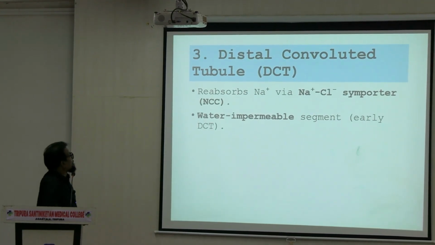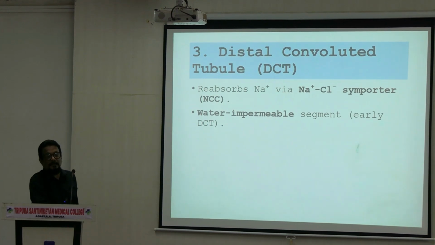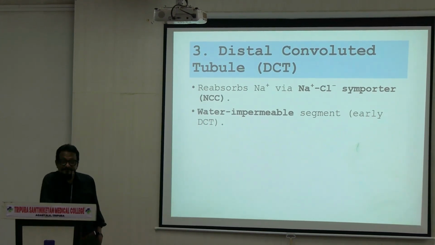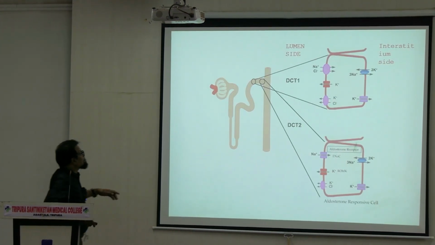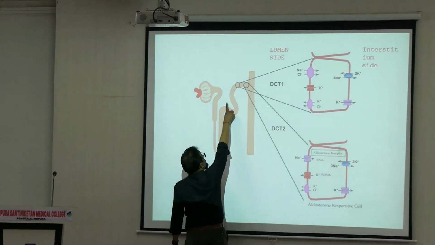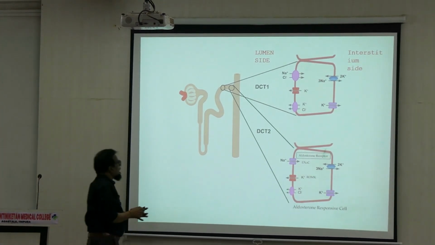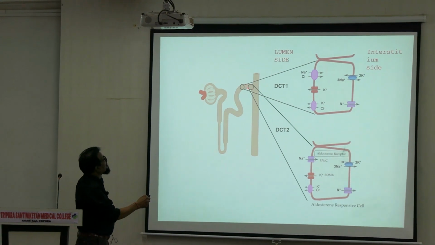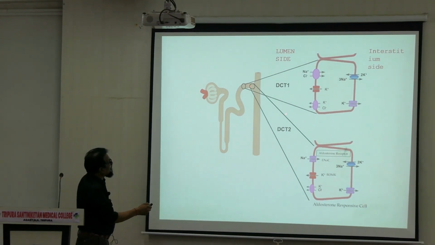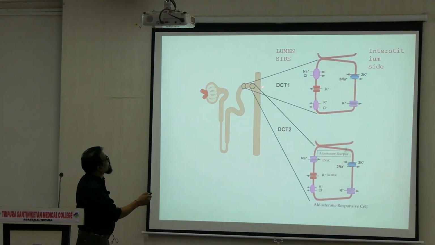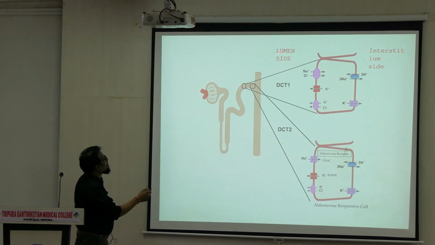Distal convoluted tubule, I said there are two parts. See, this is the distal convoluted tubule, DCT part 2 and DCT part 1.